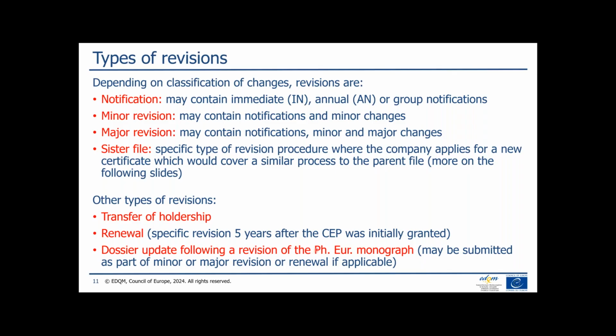This type of revision can be submitted as part of minor or major revisions, or renewal. If you don't have minor or major changes in your process, you can also submit this type of revision separately, in which case it is free of charge. There are no fees to be paid.